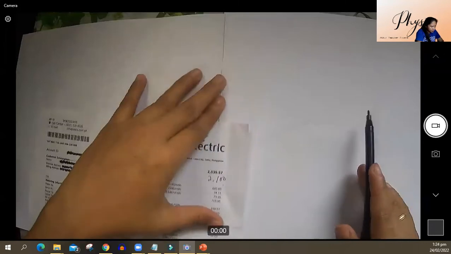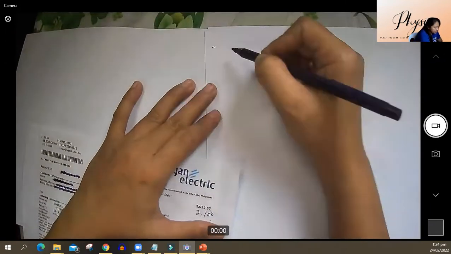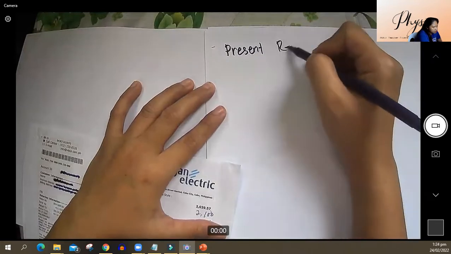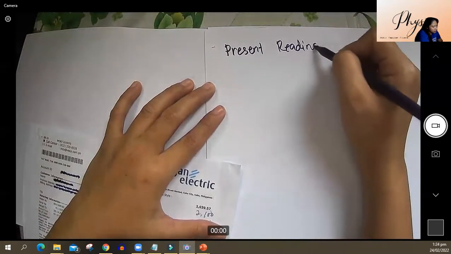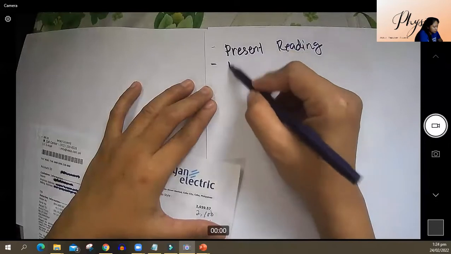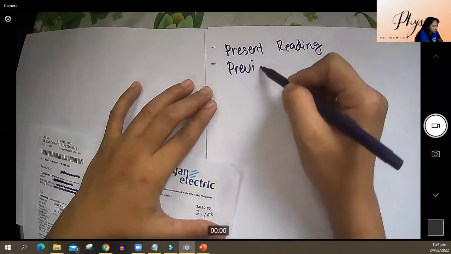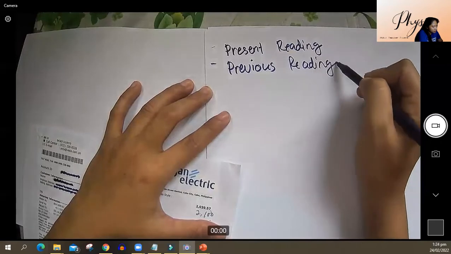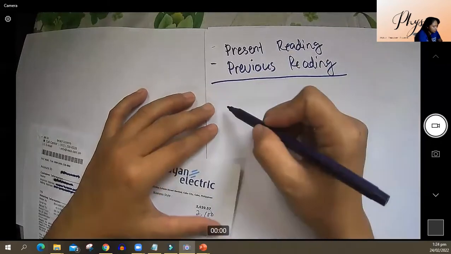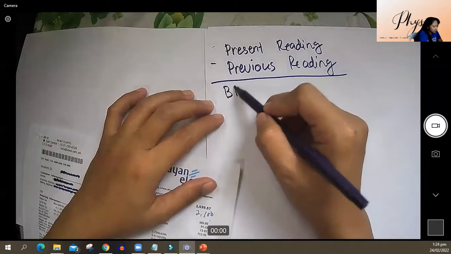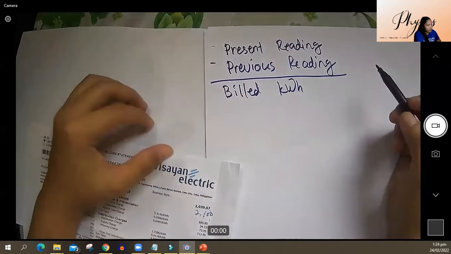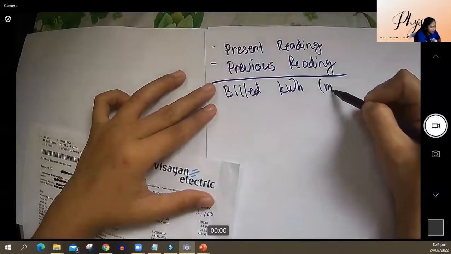So let's show that one here. Present reading minus previous reading, and that will give you your billed kilowatt hour, and that's for 1 month.